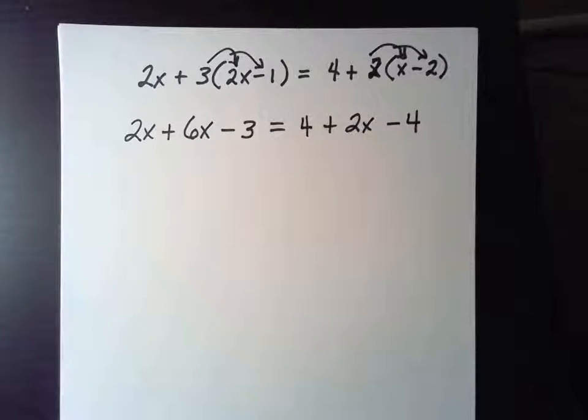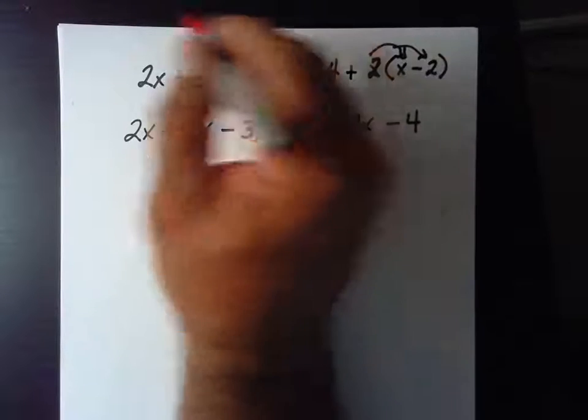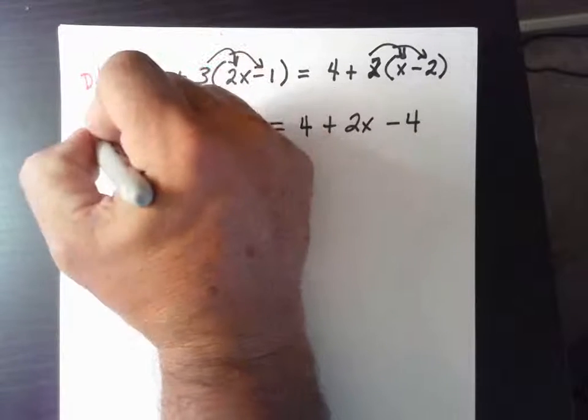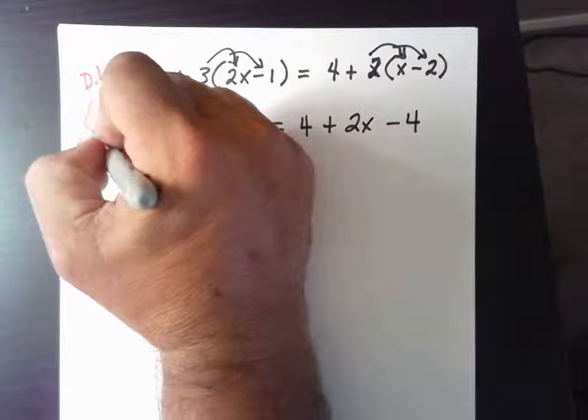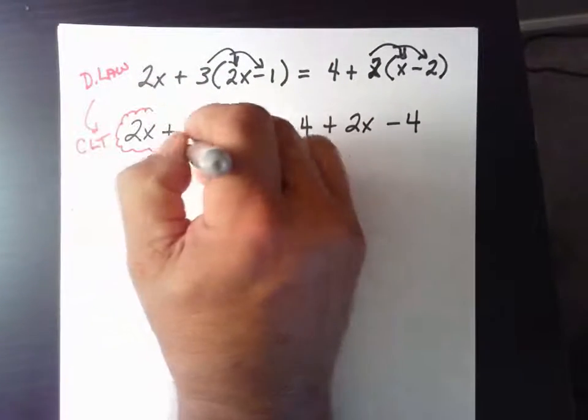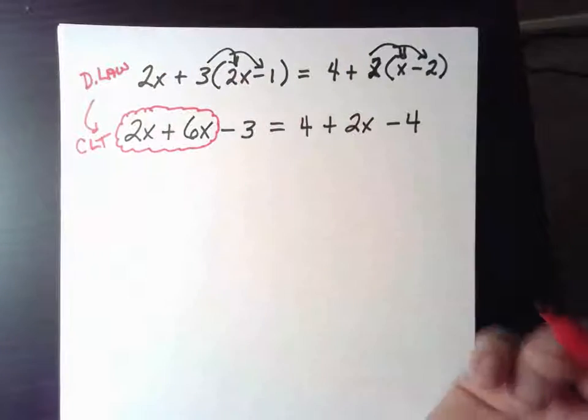Now at this point, I'm going to take my handy dandy red pen and I'm going to mark some things because they need to pop up when you do this. And usually when you use the distributive law, afterwards you're going to combine like terms. So these two right here are like terms.